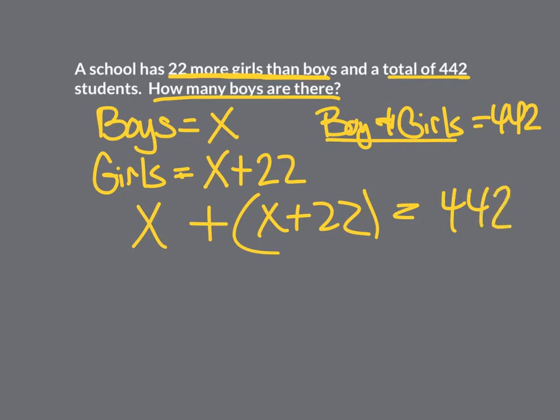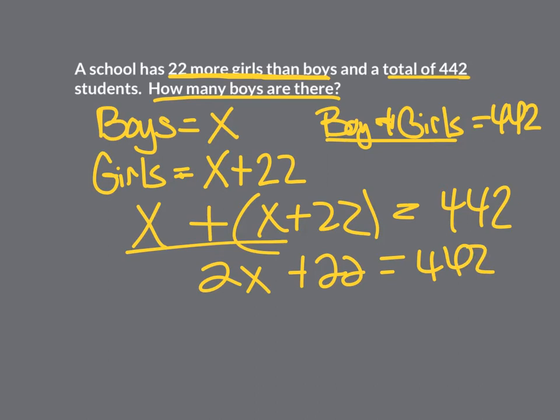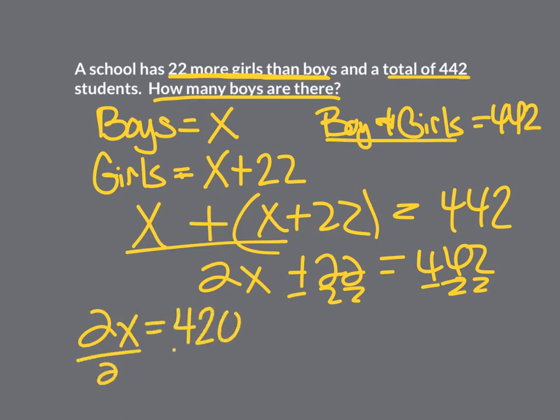So now we're just going to solve. Combine my like terms. I got 2x plus 22 equals 442. So we're going to subtract 22. So 2x equals 420. Divide by 2. So x equals 210.